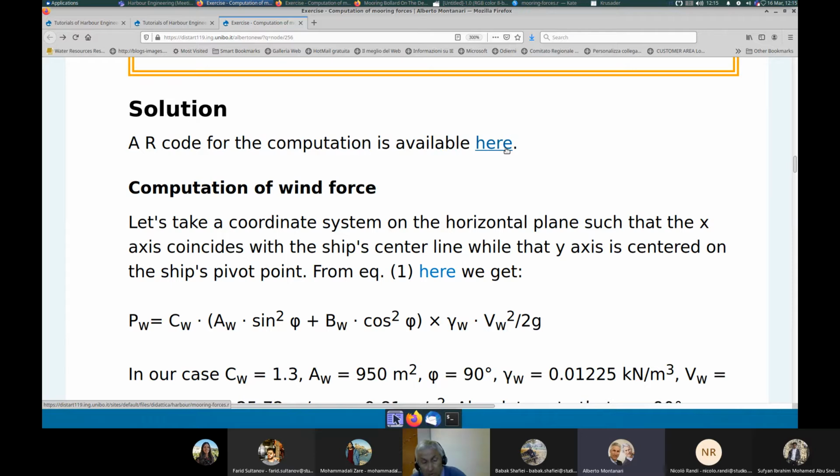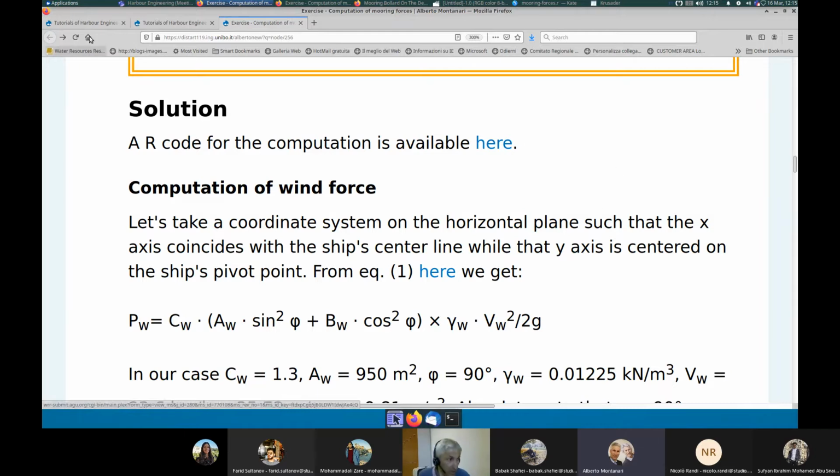What I suggest to you is let's not open it in RStudio, because of course if you open it in RStudio and you run it, the whole code, you get the solution. But what I would like to do is to cut and paste from a text editor to RStudio line by line, because I want that we understand what we are doing. Okay.